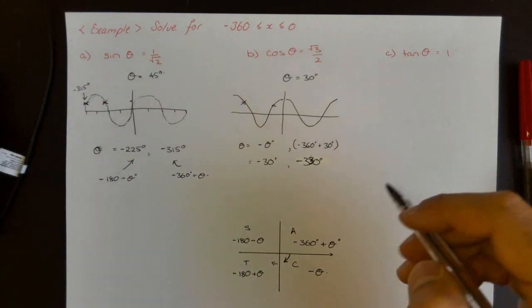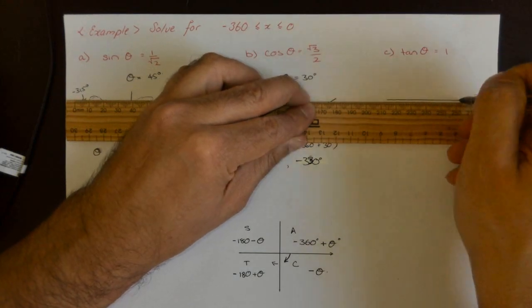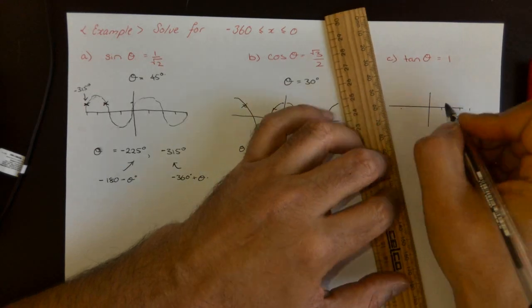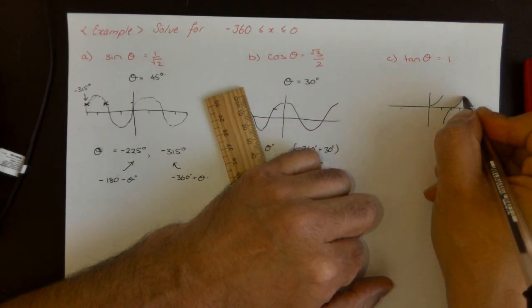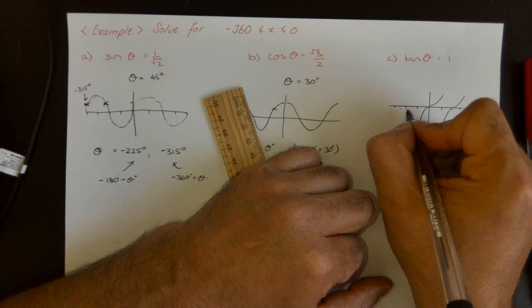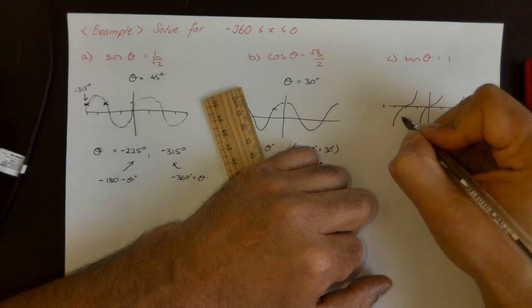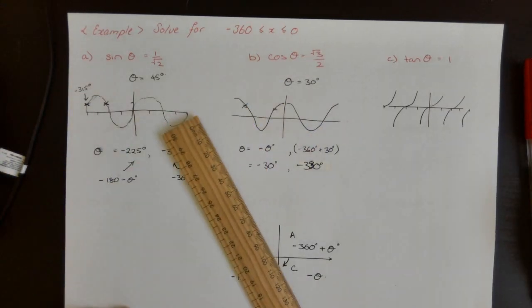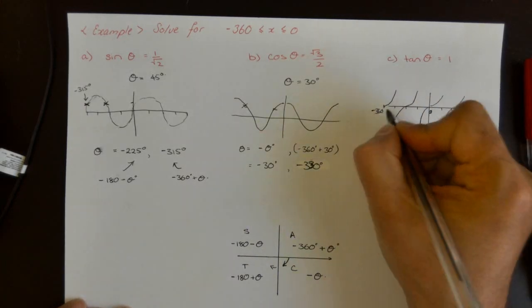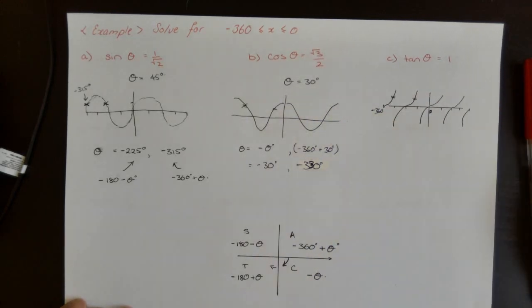Okay. Going backwards, we want tan of theta equals 1. So using our graph and going from 0 to negative 360, we have 2 points.